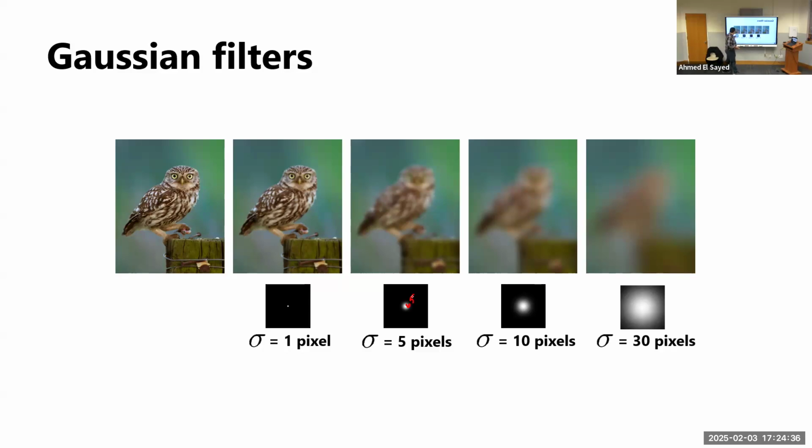Can we apply more sigma on the same filter size? Like, can I apply the same filter size and apply sigma equal 50, as an example? Can I? Who agrees with that?